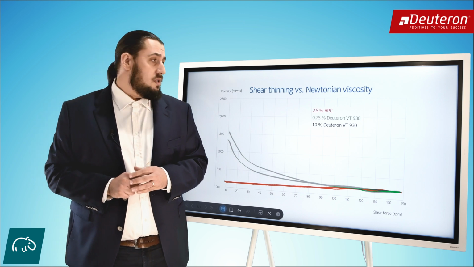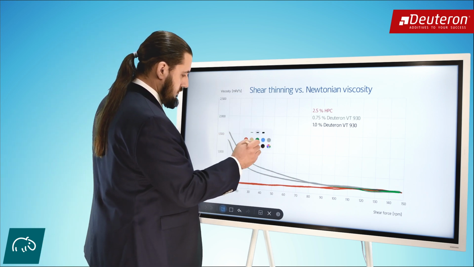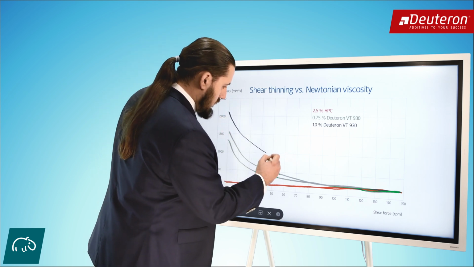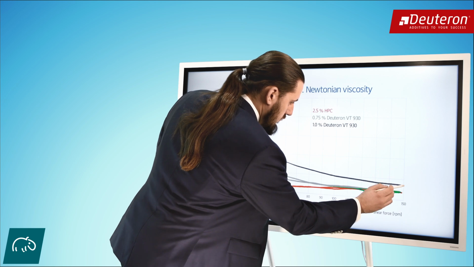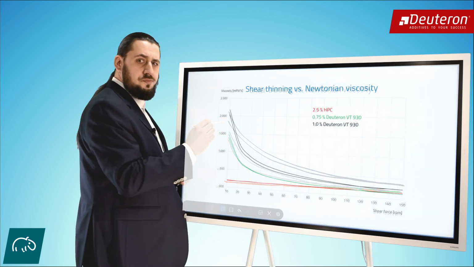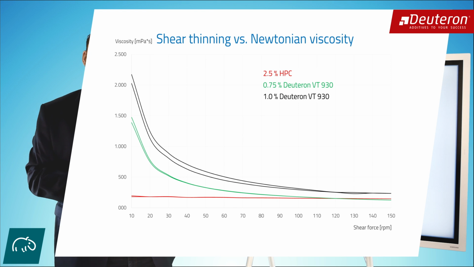Deuteron VT930 at 1% increases the viscosity approximately 500 millipascal seconds under the same conditions of measurement.